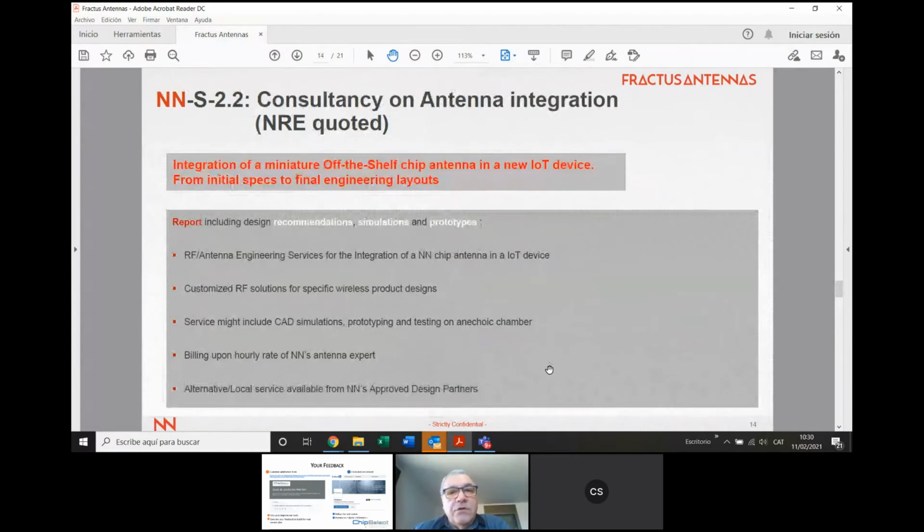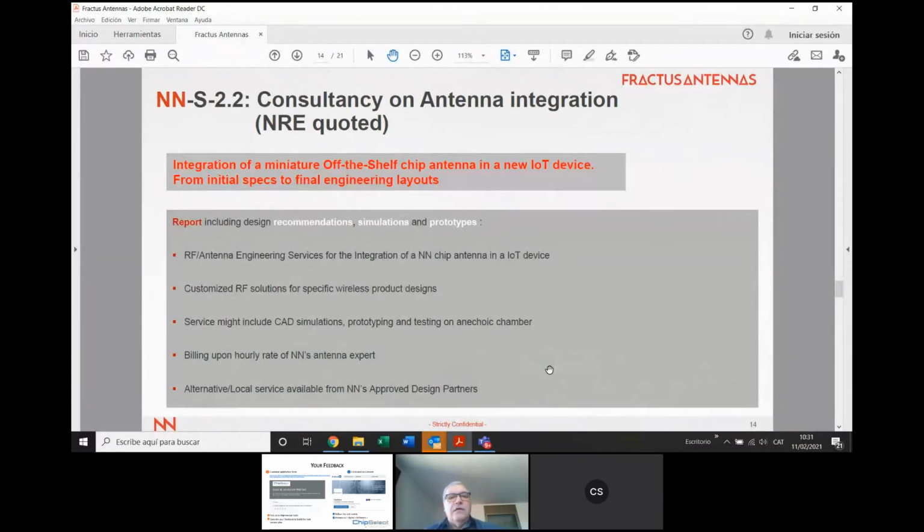The other service is the consultancy on antenna integration. Remember that if you want to integrate an antenna and you want to know not only the performance of the antenna in your device, but also the influence of elements external to the device, like the human body or the wall, the wood, the ceramic or metal, concrete, cement, whatever.